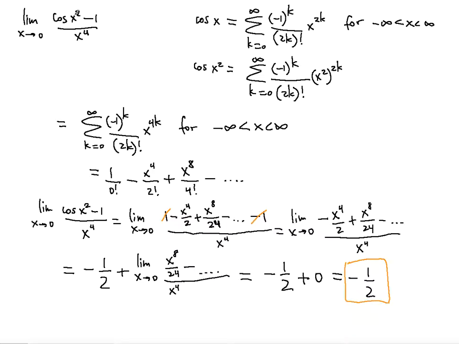Because right now, if you plug in x equals 0, you will get an indeterminate form: cosine of 0 is 1, 1 minus 1 is 0, and 0 divided by 0 is indeterminate.